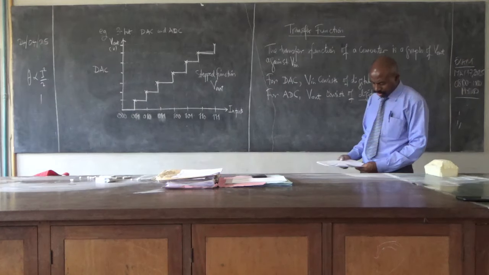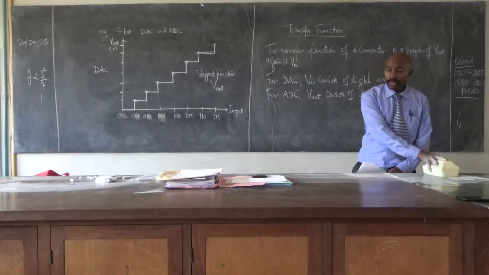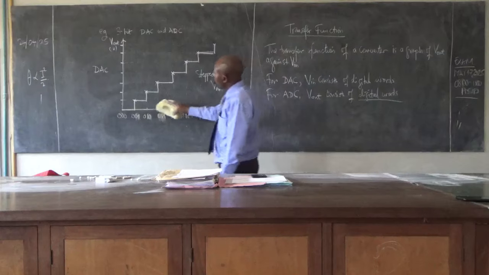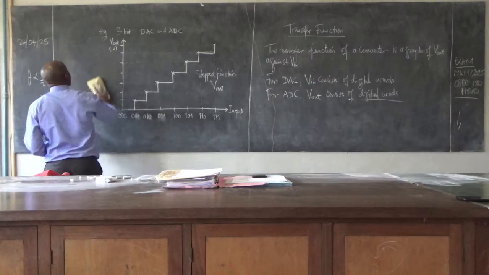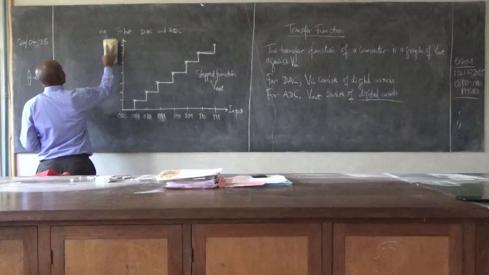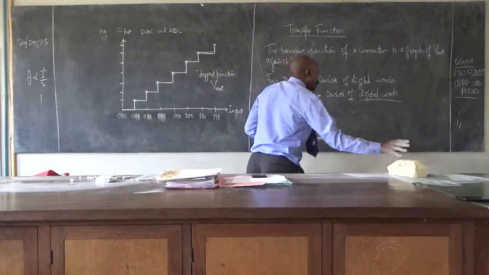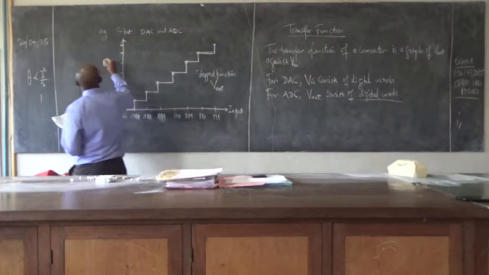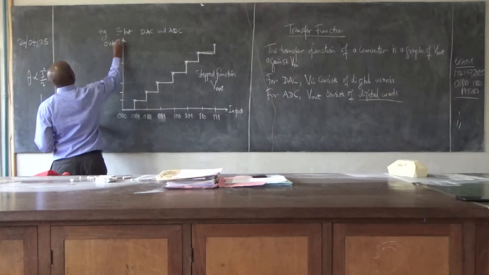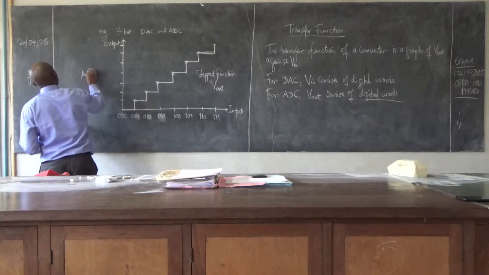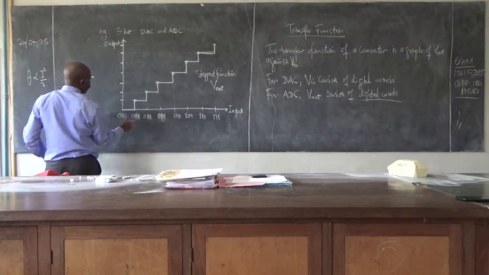We now label this one as our output here, which are the binary digits. So these are the output, and this is the ADC, and now these ones go here.